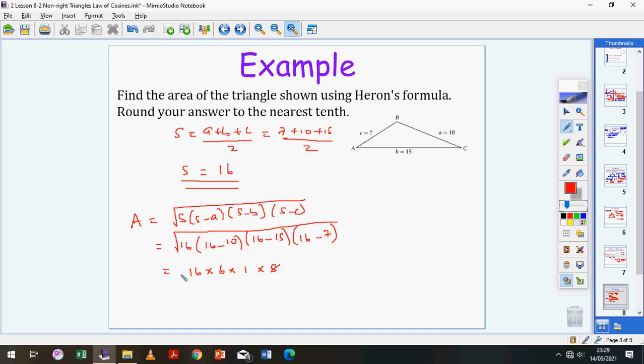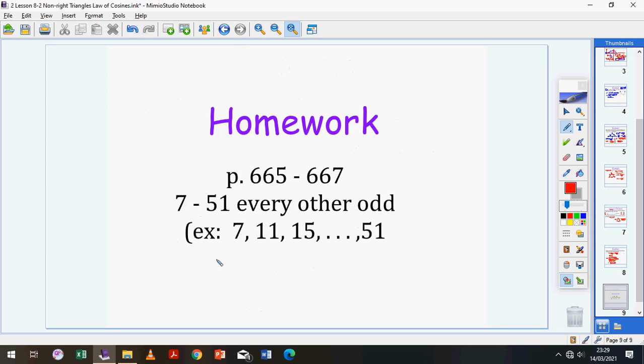So 16 times 6 times 8 square root. I get 27.7, but you guys can check my answers. Square units. This one you need to specify that it's square units or units squared because you're talking about area. Alright, so this is your homework. Enjoy.